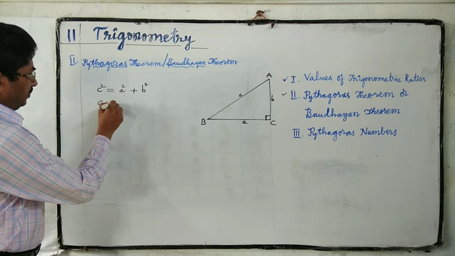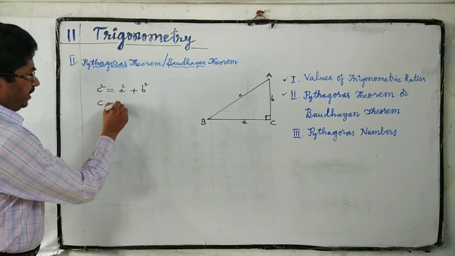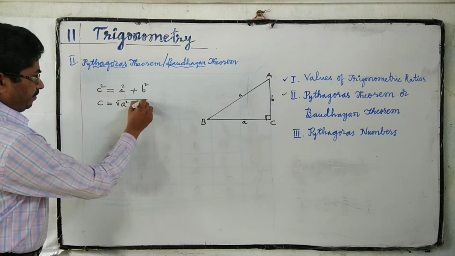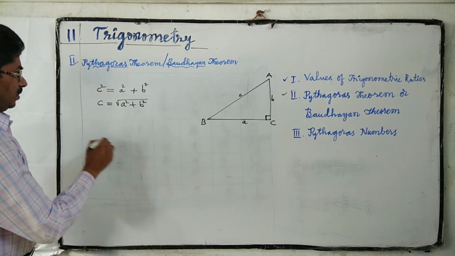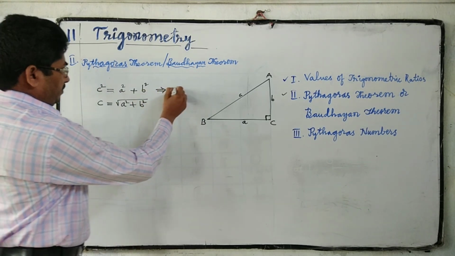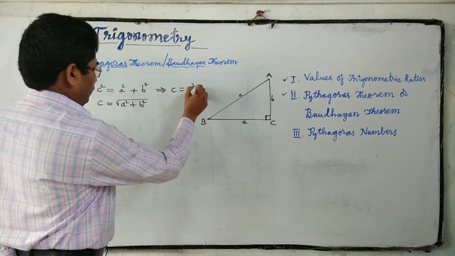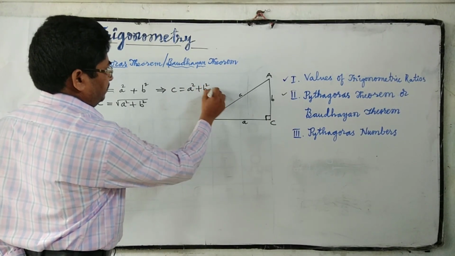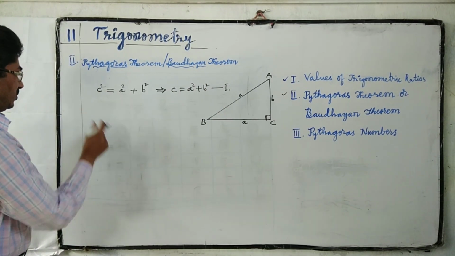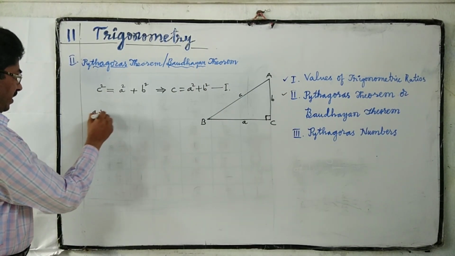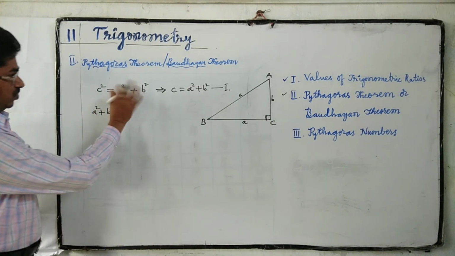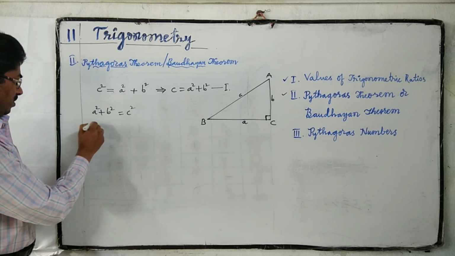C is equal to under root of a square plus b square. Next, a square plus b square is equal to c square. We just turn this formula.